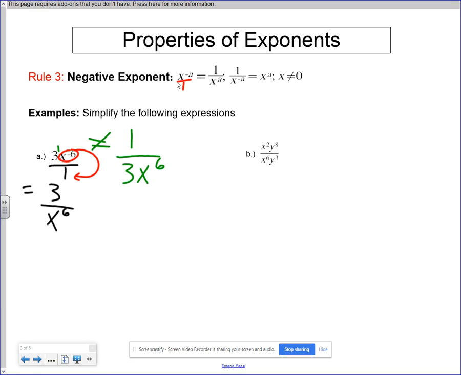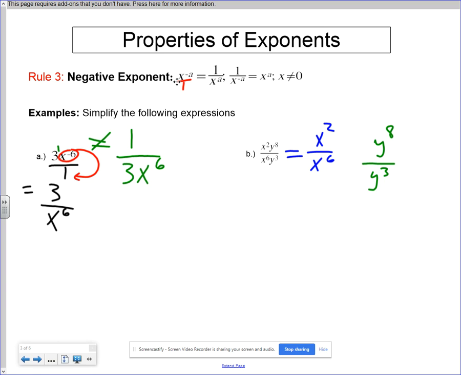So let's go ahead and evaluate this next example. We have x squared y to the 8th over x to the 6th y cubed. Like I did in the last one, I'm going to break this up into our x's, so x squared over x to the 6th, and our y's, so y to the 8th over y cubed.